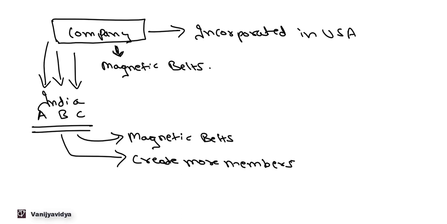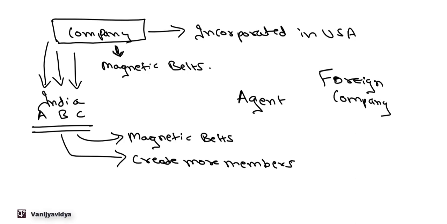So in short, these members of this company in India are acting as an agent. So they are carrying on the business of the company in India, though it is incorporated in USA. So as per the Companies Act 2013, it is a foreign company. So this was about what is a foreign company.